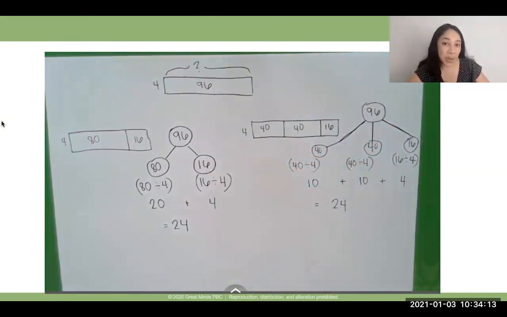You know, there are so many ways that we can decompose 96, but why didn't I decompose 96 as 90 and 6?